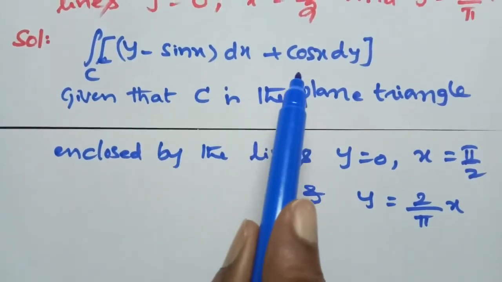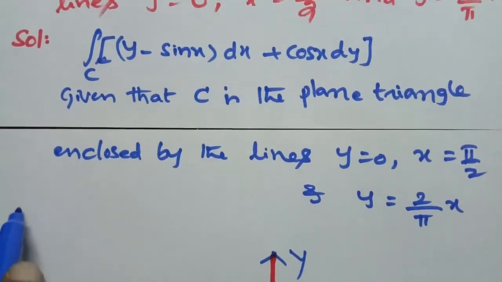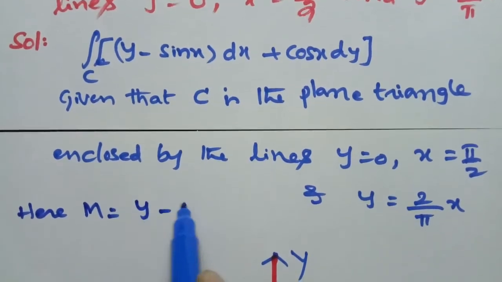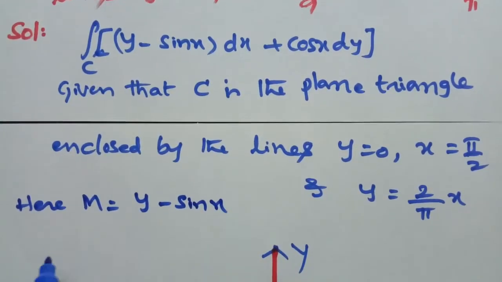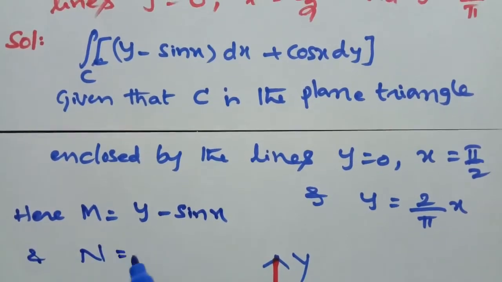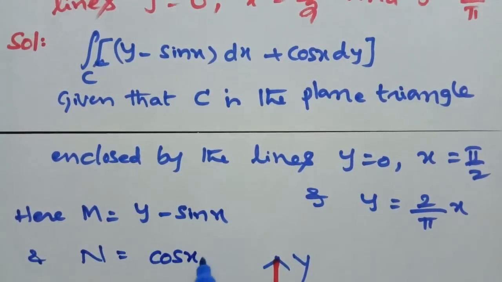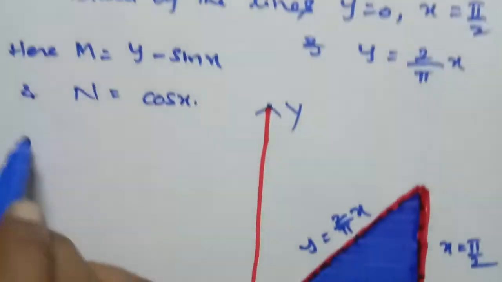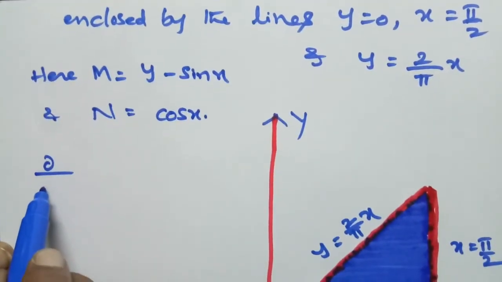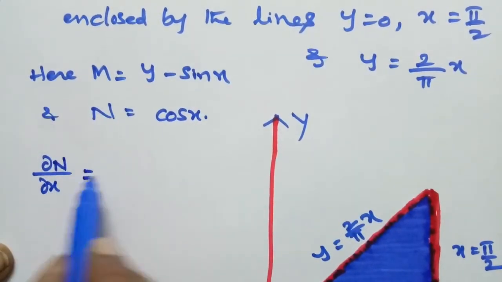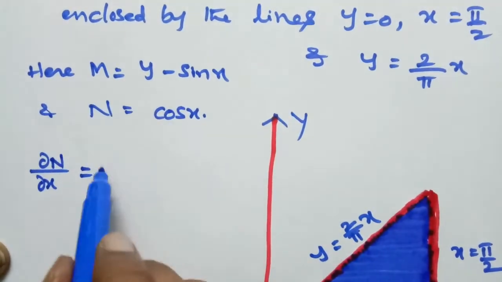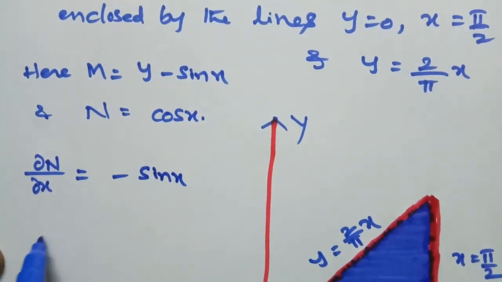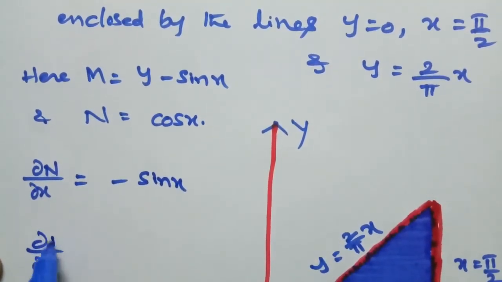Here integral over C (y minus sin x) dx plus cos x dy, M is equal to y minus sin x and N is equal to cos x. Comparing with Green's theorem, in the line integration we are writing M and N, and on the right hand side we have dou by dou x of N and dou by dou y of M. We are calculating dou by dou x of N, the partial derivative of N with respect to x, which is minus sin x.